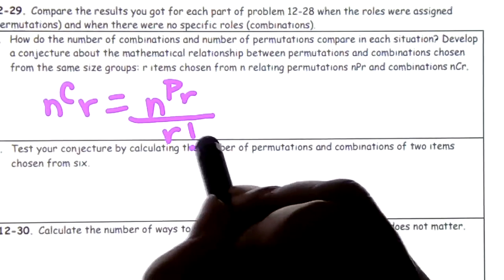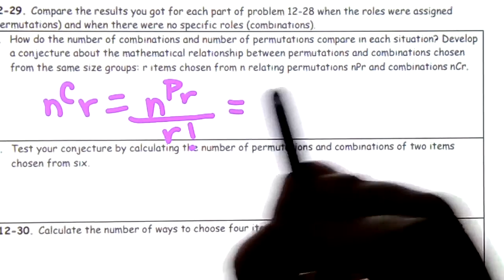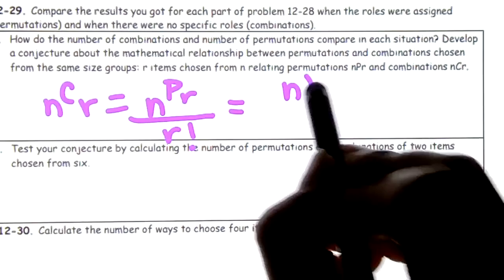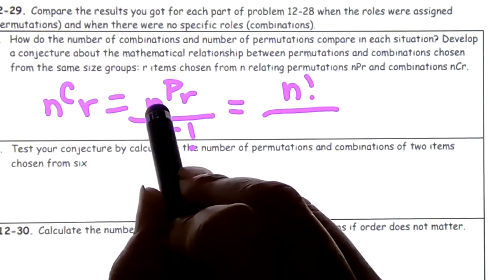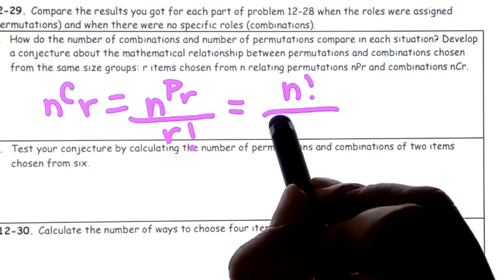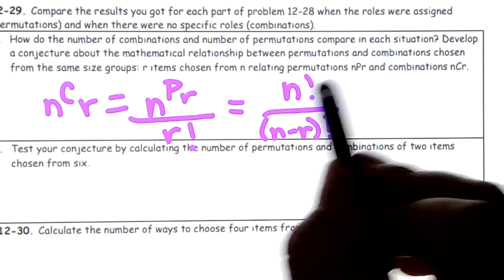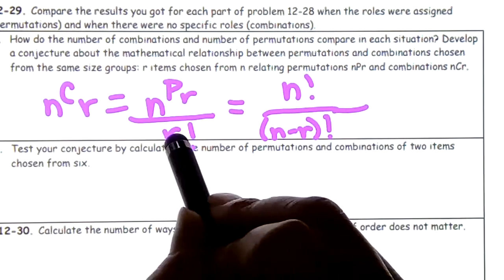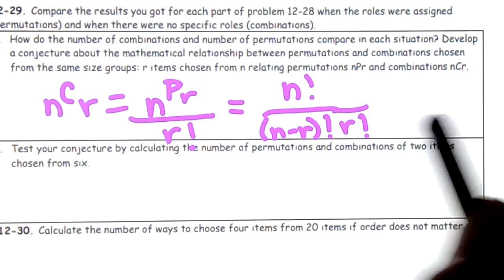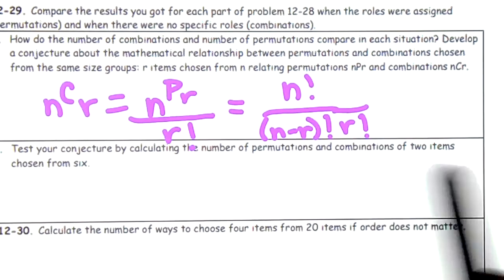That is the relationship. Now, this is also equal to N factorial over N minus R factorial, since NPR is N factorial over N minus R factorial. That's your permutation. And then I'm dividing out the R factorial. That's the order of the R items. And again, there's your formula.